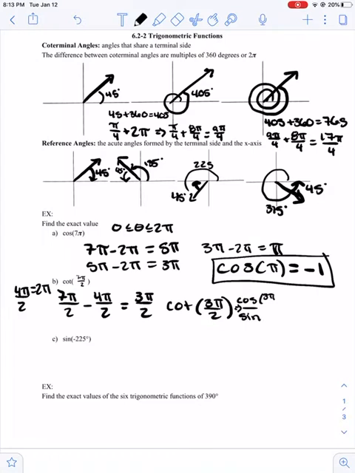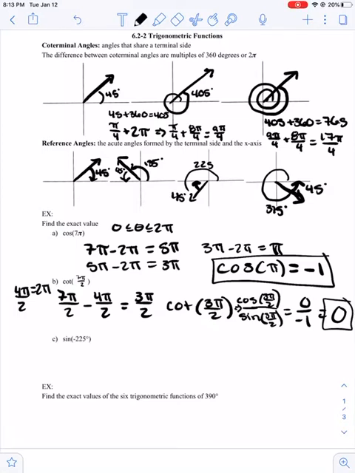So cosine of 3 pi over 2 divided by the sine of 3 pi over 2. The cosine of 3 pi over 2 is 0, and the sine of 3 pi over 2 is -1, and that equals 0. So the cotangent of 7 pi over 2, or the cotangent of 3 pi over 2, is 0.